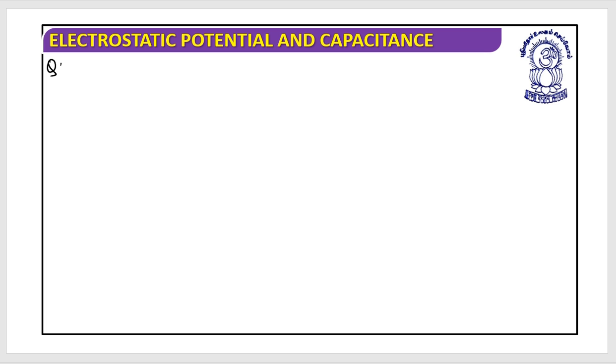Suppose you have been given a charged ring, and this charge is Q. This is radius r. This is, let's say, 3r.